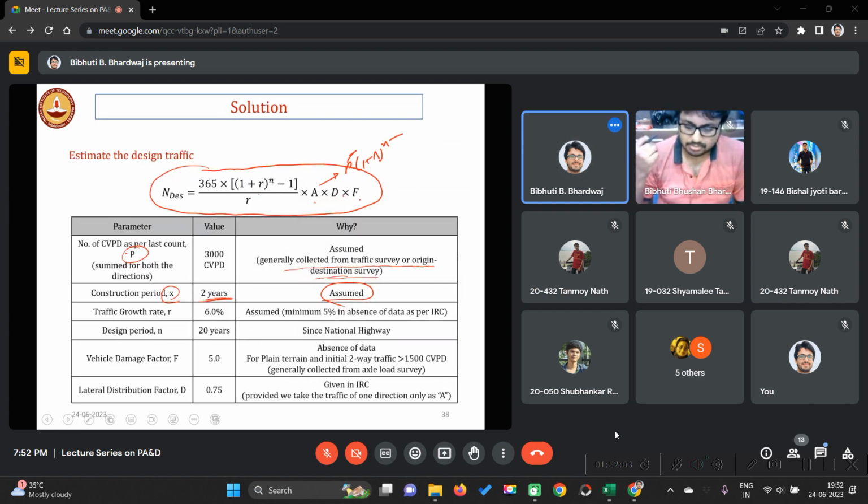Idea of the traffic. Once you get to know what the traffic count is, you either get it from a traffic survey or you can assume. In my case I have assumed 3000 CVPD, that means total 3000 commercial vehicles per day, and construction period 2 years, so A will be 3000 into (1 plus r) to the power 2.